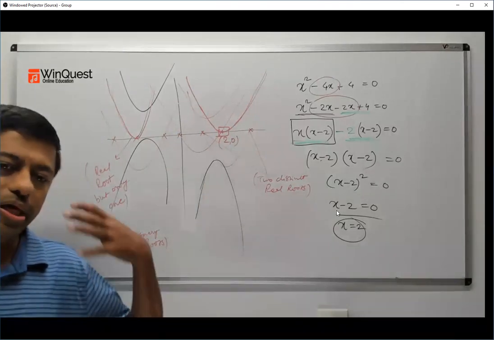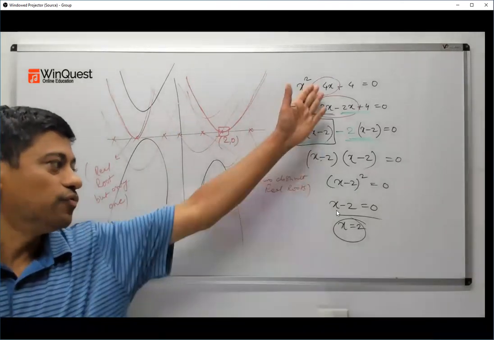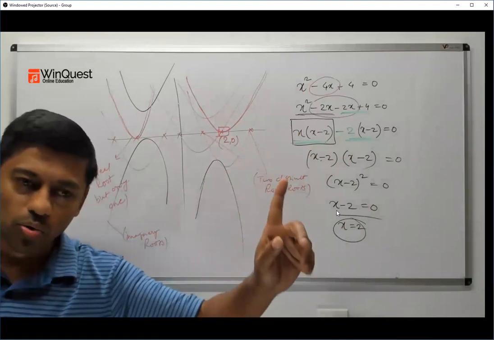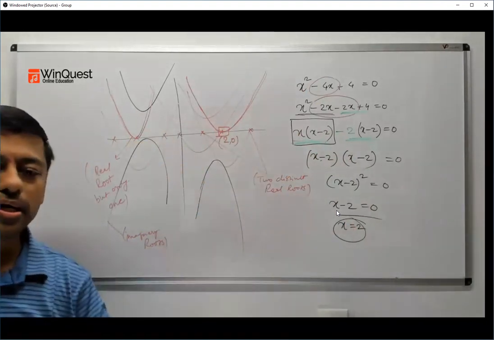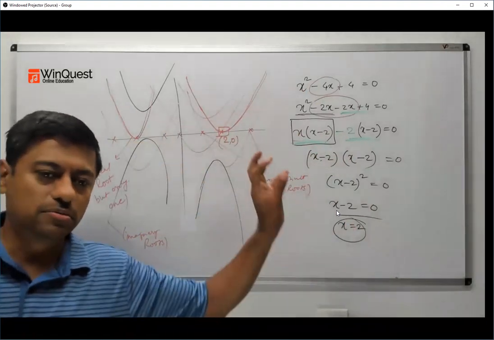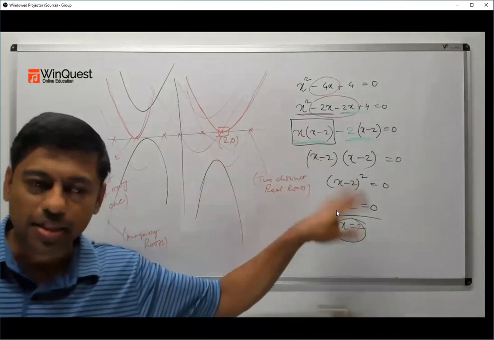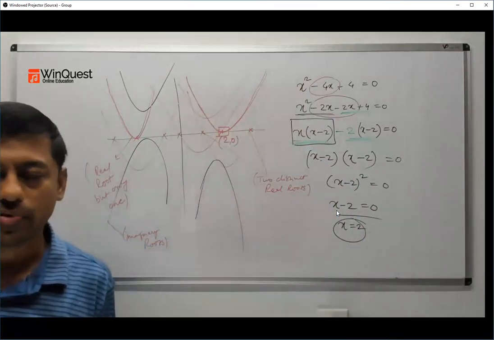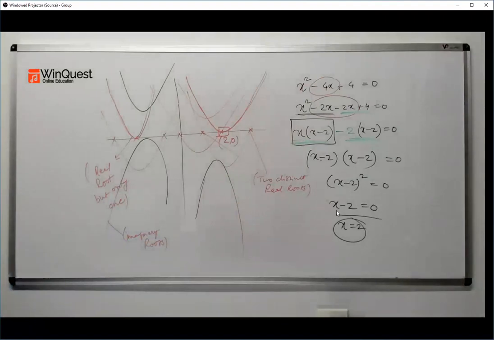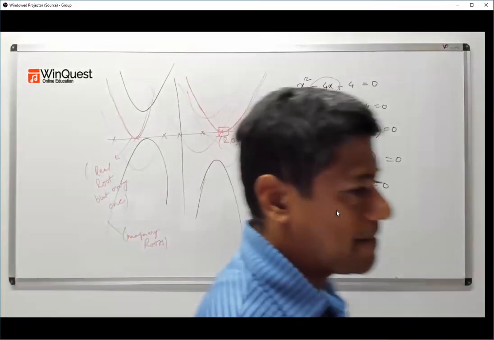So there is no need of graphing it. If you are getting one root, definitely it will touch the x-axis and then just leave, either upwards or downwards. Are we clear? Yes.